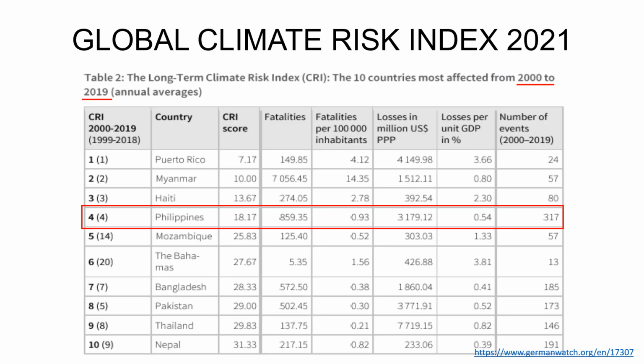In addition, there is the Global Climate Risk Index 2021 for the period 2000 to 2019, which is based on average values over a 20-year period. It indicates a level of exposure and vulnerability to extreme weather events such as storms, floods, and heat waves.